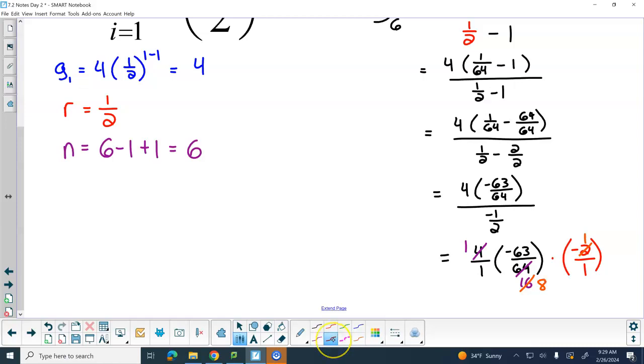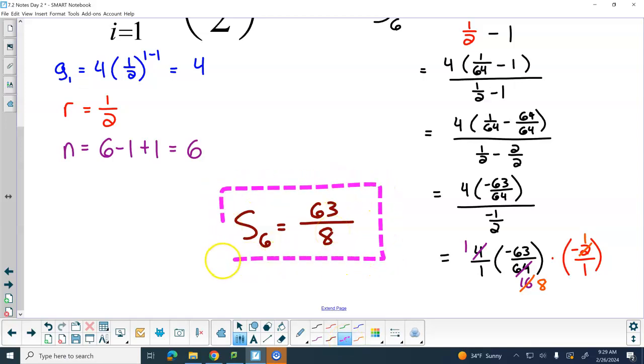So I get here that the sum of the first 6 terms was equal to positive 63 over 8. Because a negative times a negative is a positive. 1 times 63 times 63 is 63. 1 times 8 times 1 is 8.